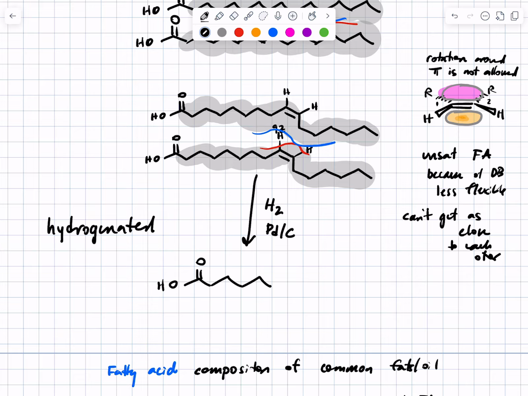You're going to add 2, 4, 6, 8, 10, 12, 14, 16. You're going to add hydrogen across the pi bond. Suddenly that becomes saturated. It's now going to be a solid, and it's also going to be more shelf stable.